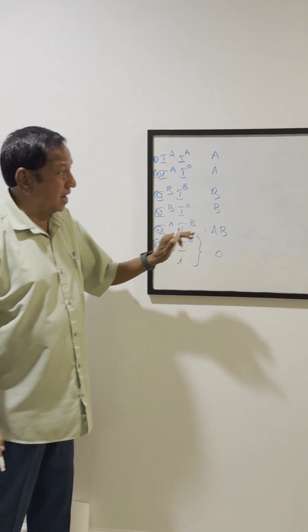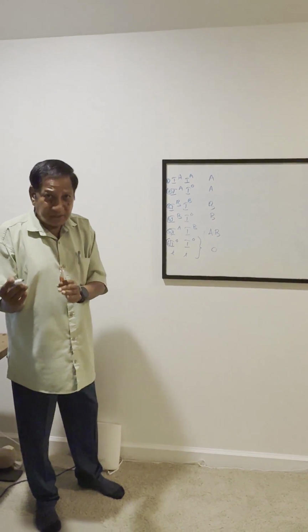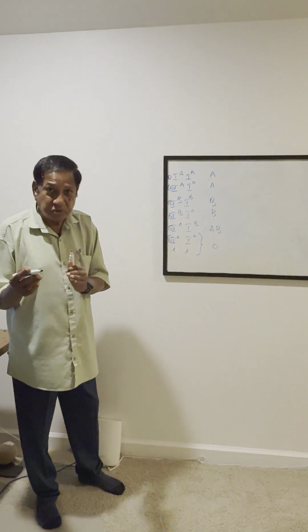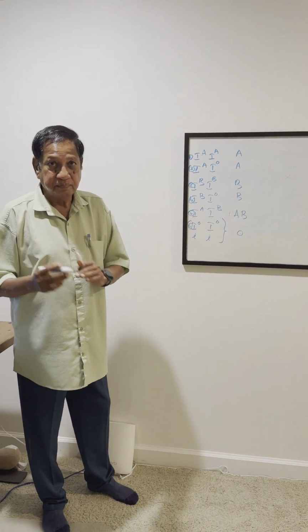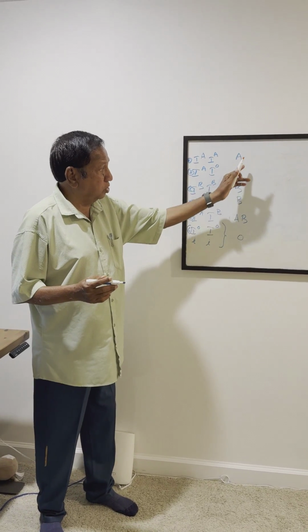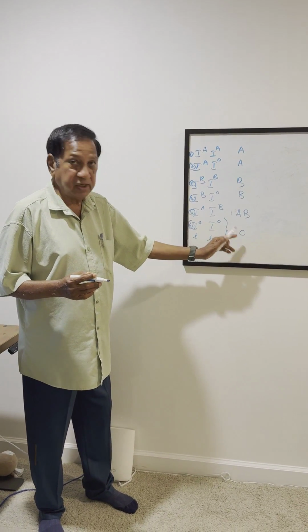I call it agglutinogen. The agglutinogen is the one that is going to act with the specific antibody. This agglutination reaction is very specific in these blood groups.